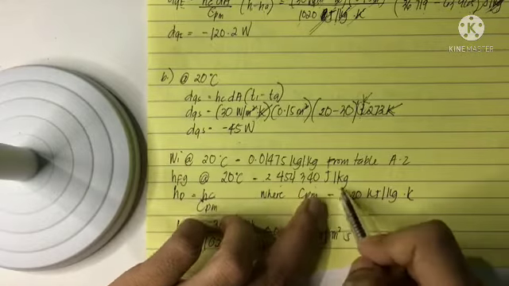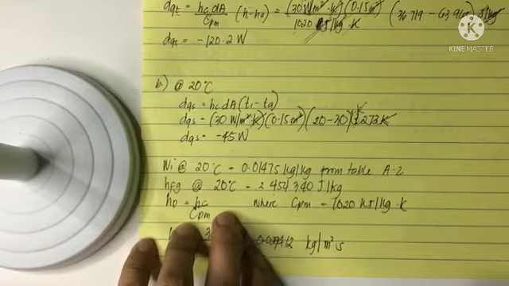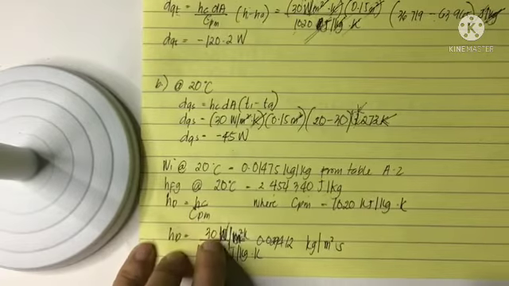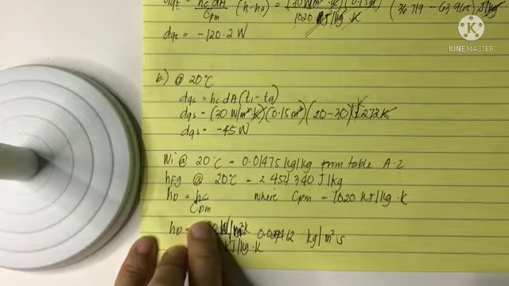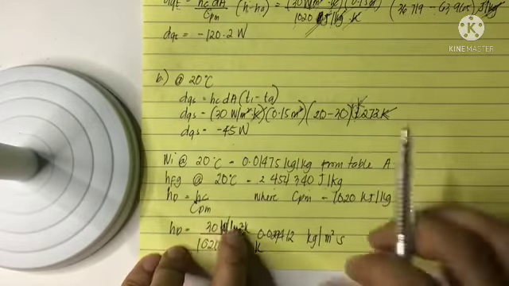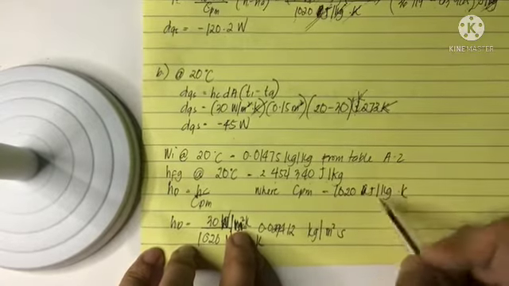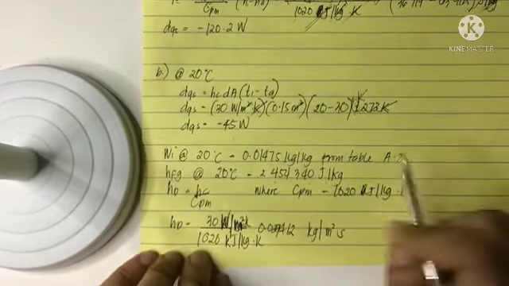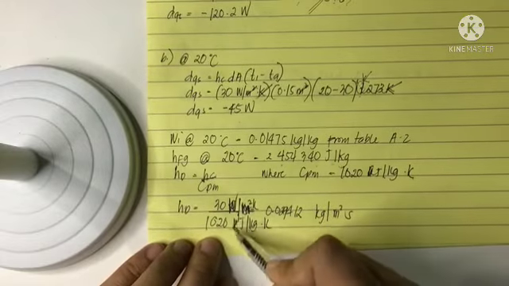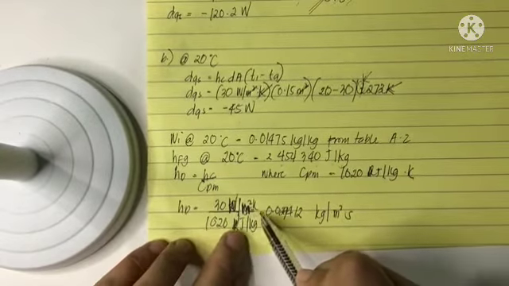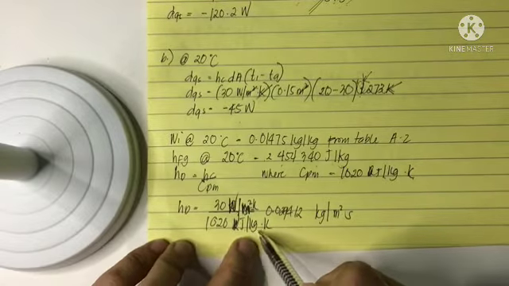So, we have 2,454,100 joule per kilogram. So, solving for proportionality constant is equal to your convection coefficient divided by your specific heat of your moist air, where your CPM is equal to your 1020 joule per kilogram Kelvin. So, by solving, 30 watts per meter squared Kelvin divided by 1020 joule per kilogram Kelvin.